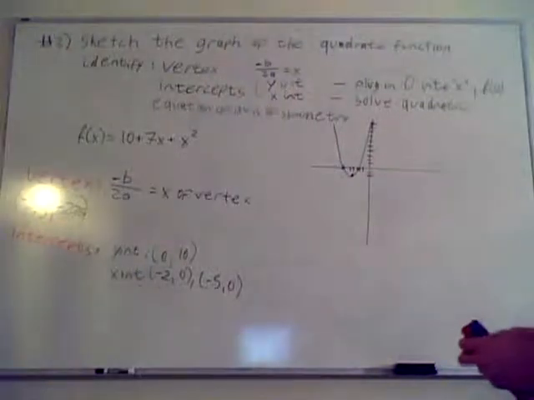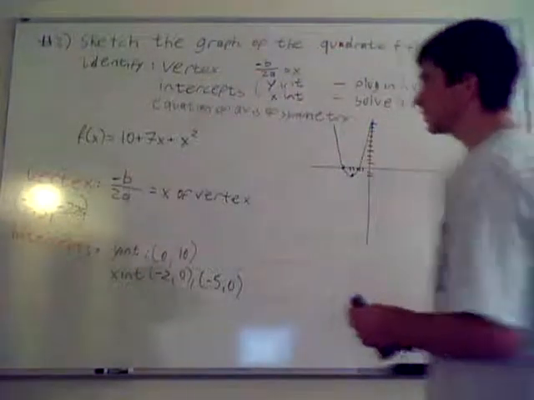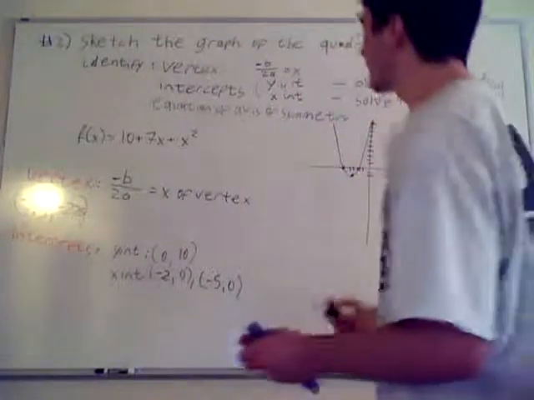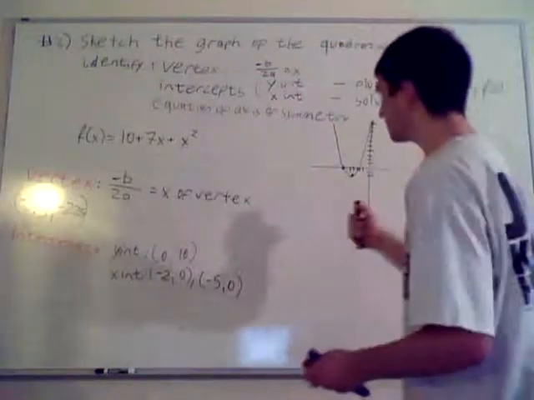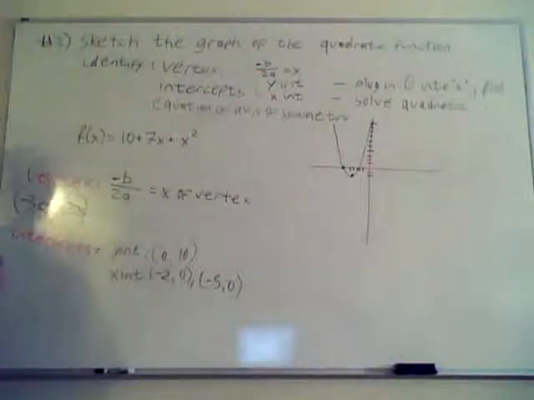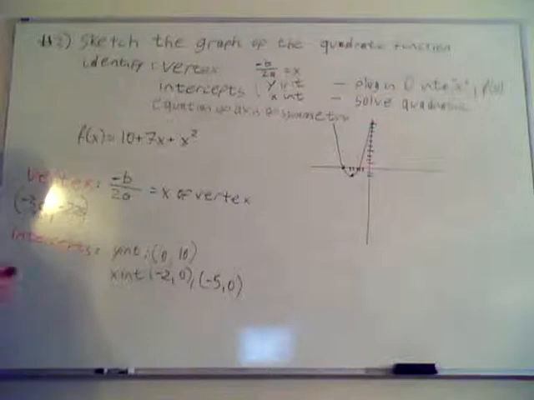So now your line of symmetry, or equation of symmetry, axis of symmetry, what am I saying, is you take your vertex x value, negative 3.5, and you just say x equals that. That's all you have to do.